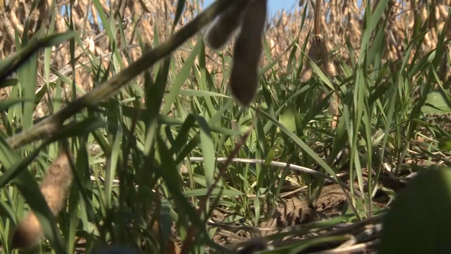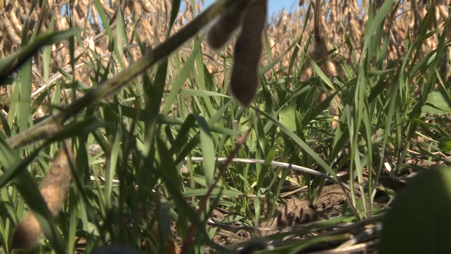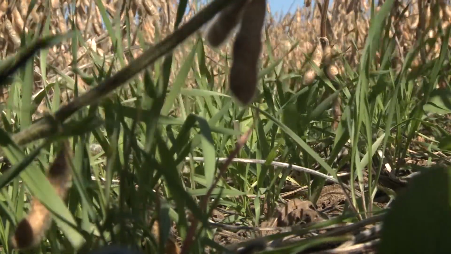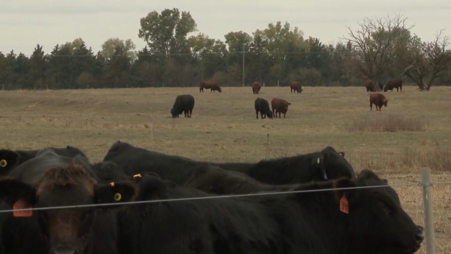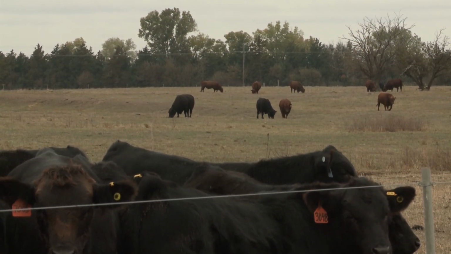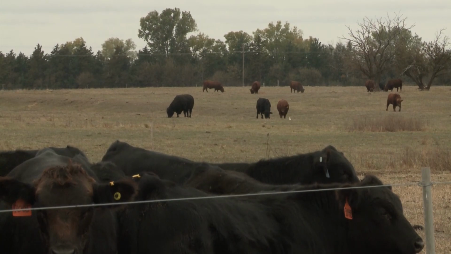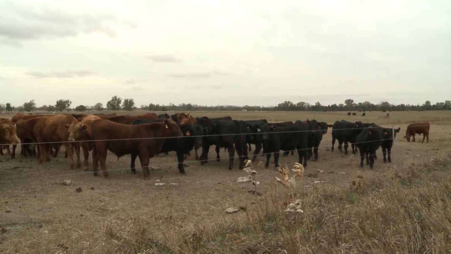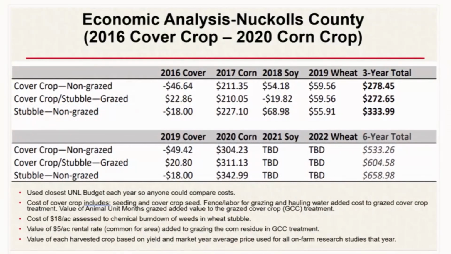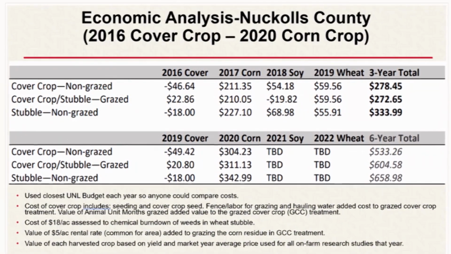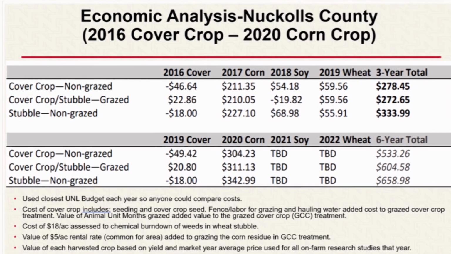In Nuckolls County, we used a cool season cover crop mix. We had a lot more biomass produced in Webster County with a summer annual. We think that probably had a big effect on it. And the other thing, finally, in Nuckolls County, we had one year where we had a really dry summer where we had soybeans out there.